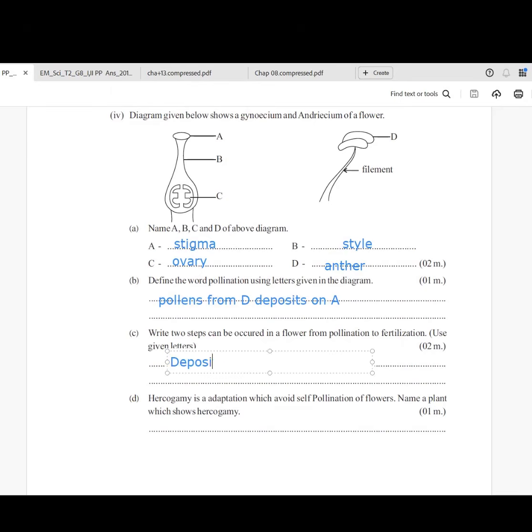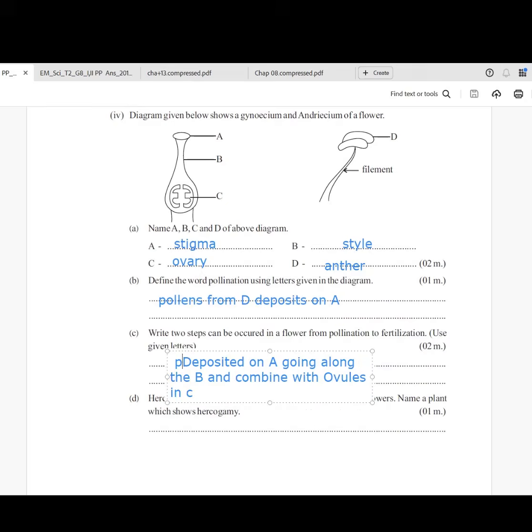You have to start with pollens deposited on A, going along the B, and combine with ovules in C.